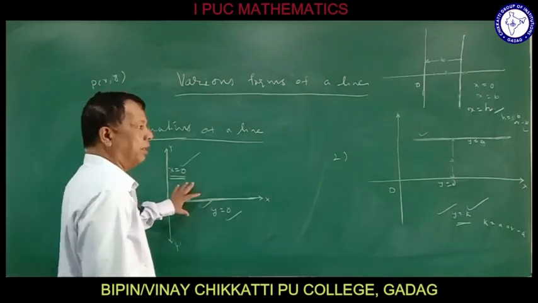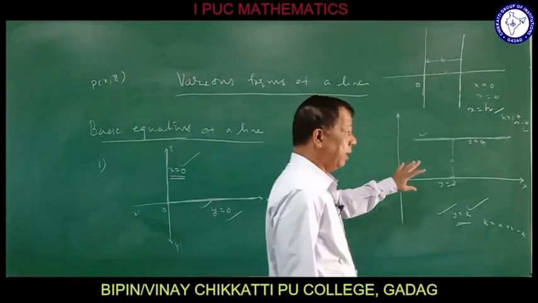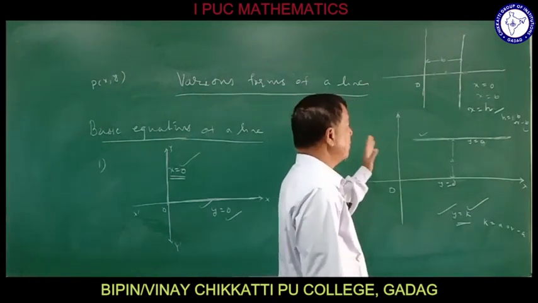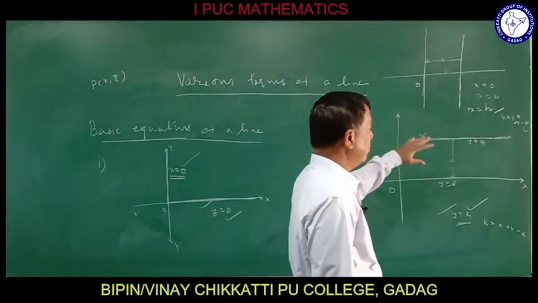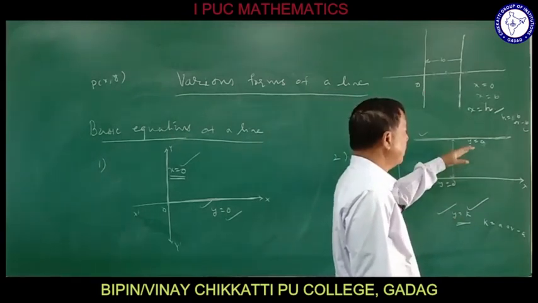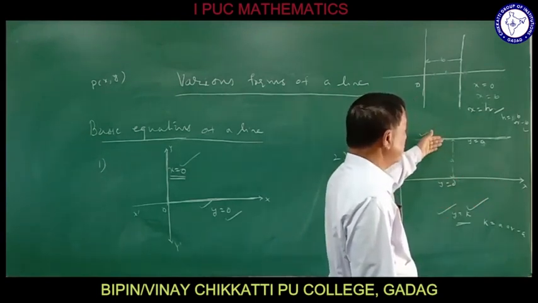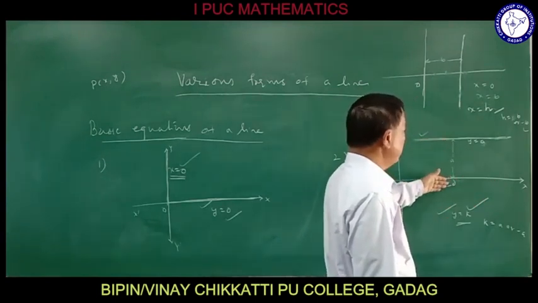One is the equation of the x-axis, the equation of the y-axis. The equation of the horizontal line, the equation of the vertical line. The equation of the horizontal line is y equal to k, where k equal to minus a or plus a, if that horizontal line is at distance a from the x-axis.